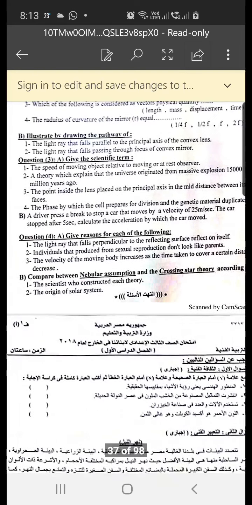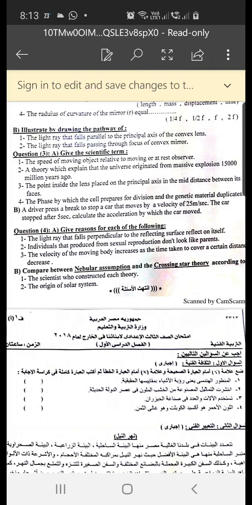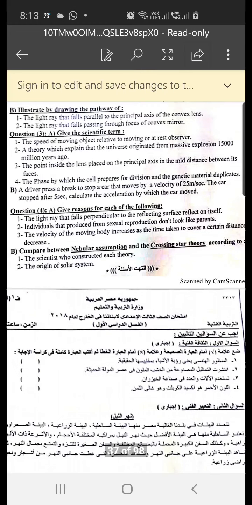The answer will be minus 5 meter per second square. If the answer is negative, this acceleration is negative acceleration, or deceleration. So the deceleration equals minus 5 meter per second square.